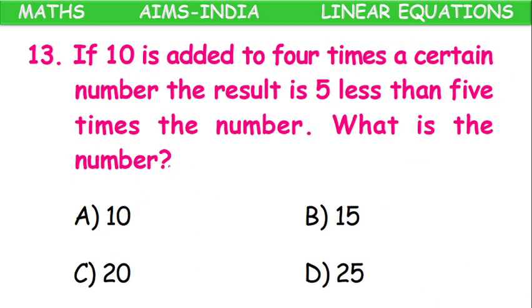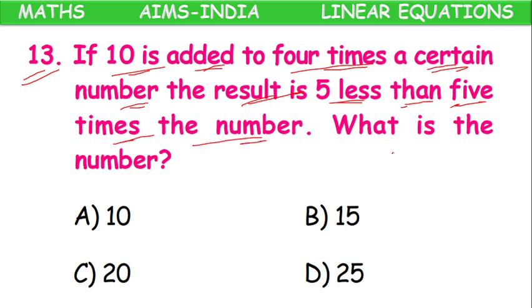Next. 13th. If 10 is added to 4 times a certain number, then the result is 5 less than 5 times the number. What is the number?